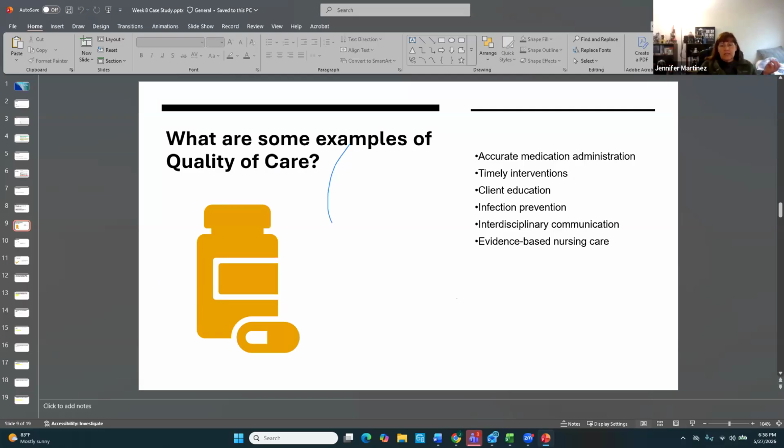So we look at quality care. We've already talked about them, right? The medication, the education, infection. This is a big one, interdisciplinary communication. What members of the IDT could your patient here benefit from?